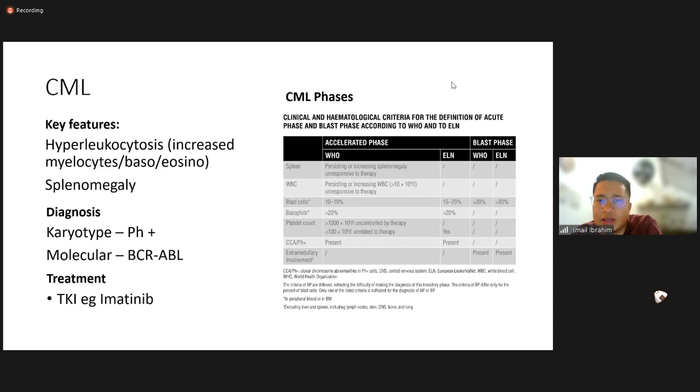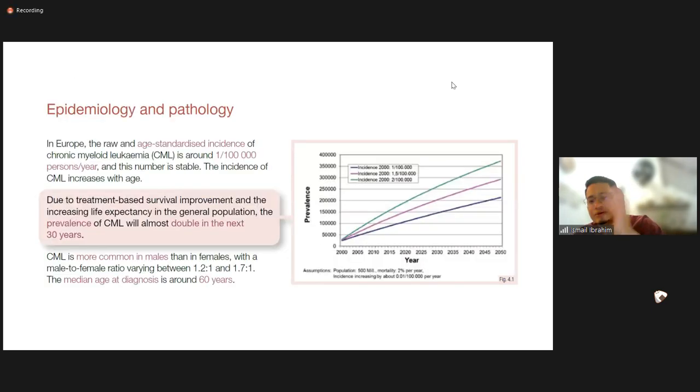Previously, CML was a death sentence, and the only way to treat CML was by using allogeneic stem cell transplant, but it's not anymore. And the life expectancy of CML is as long as a normal person, as long as we treat the patient with appropriate treatment.